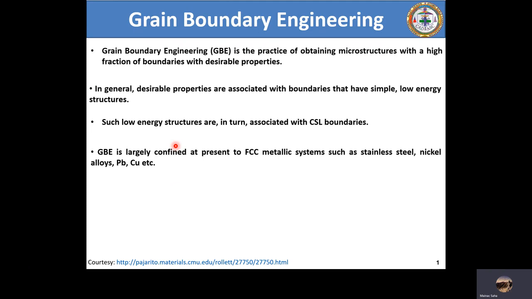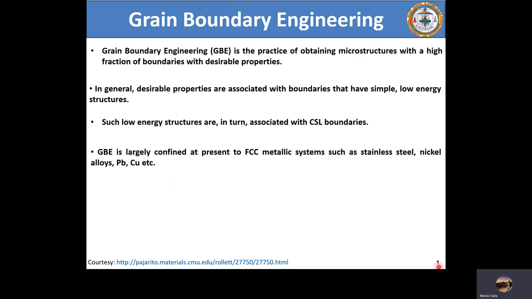But the problem with alpha iron or any typical BCC material is the atomic stacking sequence, the atomic arrangement along the most close-packed plane, 110, or even any other low index plane.